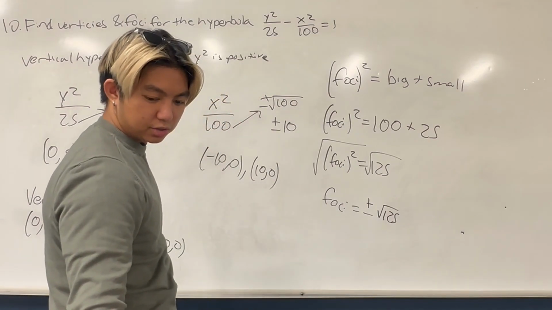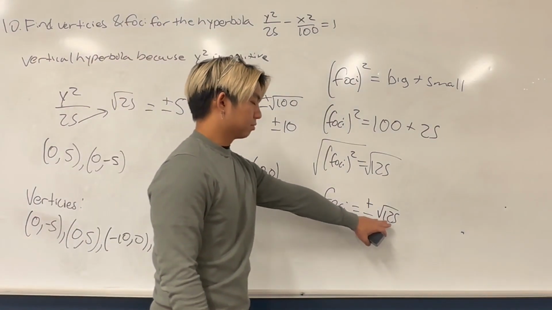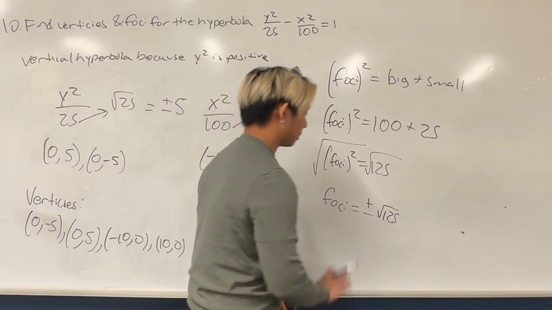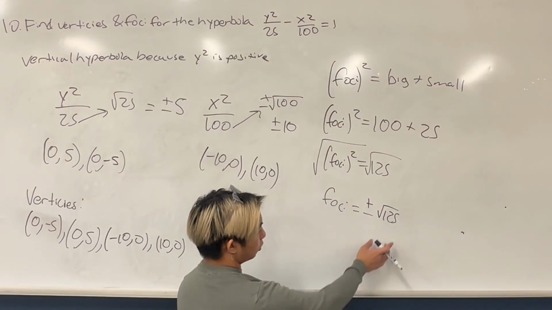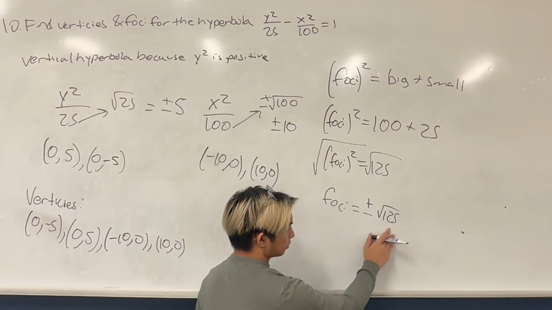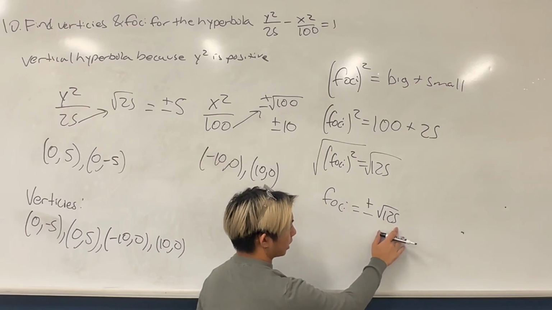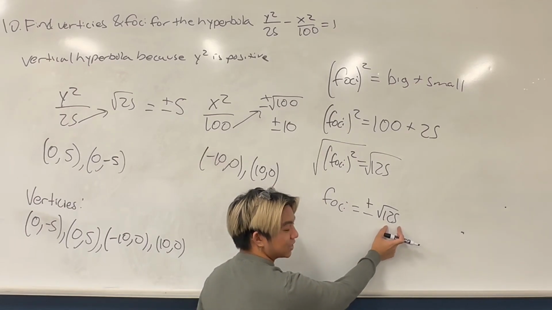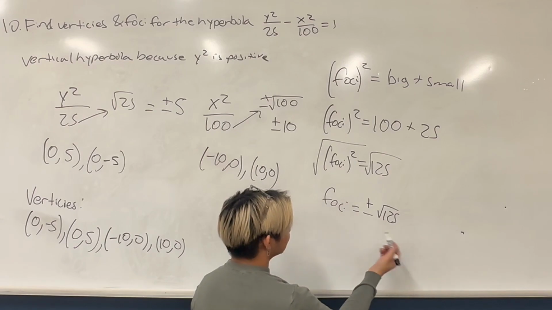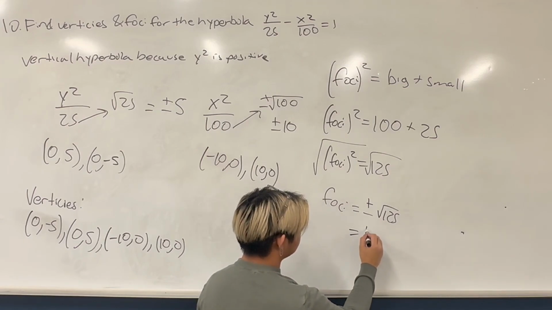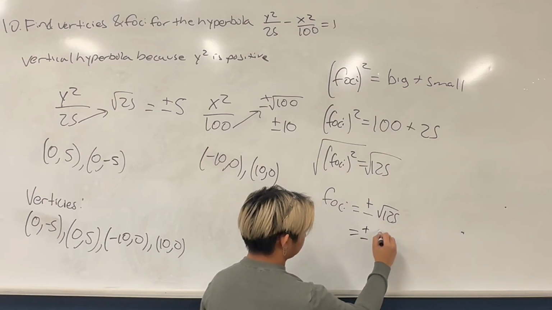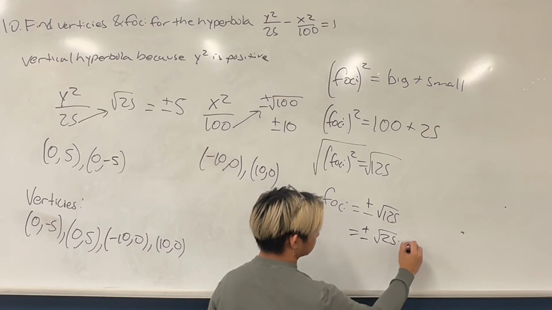I believe the answers actually simplify this, so I'm going to go ahead and do that. 125, what does that look familiar to? It looks like 25 times 5. So imagine 25 times radical 5.